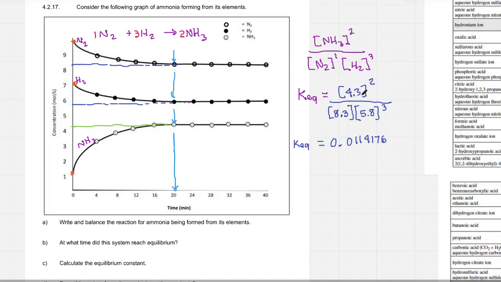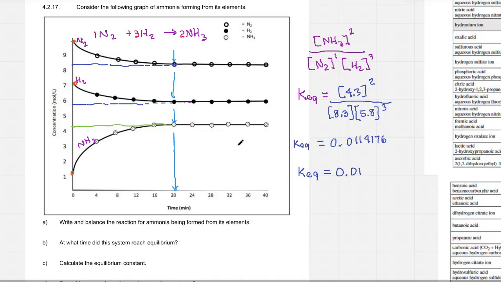This is 4 point something, 8 point something, and 5 point something. So it would be honest of us to say, look, I'm only sure about 1 significant digit here, and so I'm only going to say 0.01 for KEQ. That's not a very precise number, but that's because I wasn't making very precise readings on this graph.